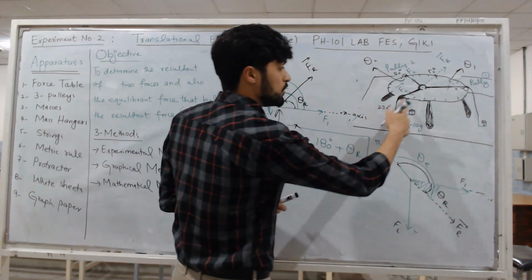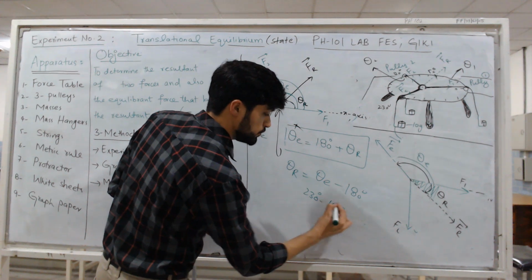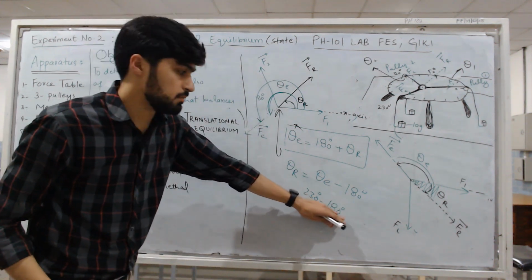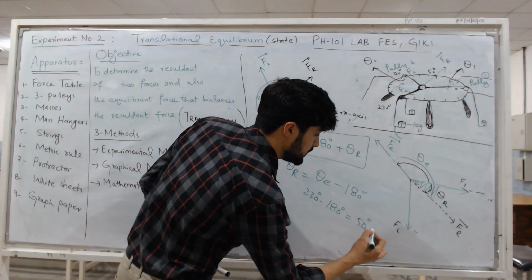Theta E is 230 degrees, so 230 degrees minus 180 degrees gives us 50 degrees.